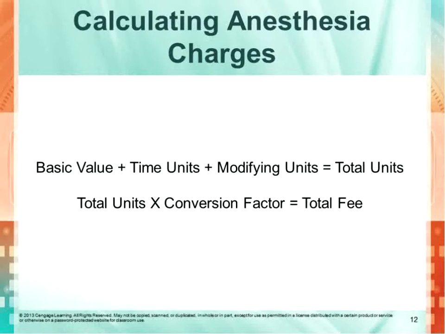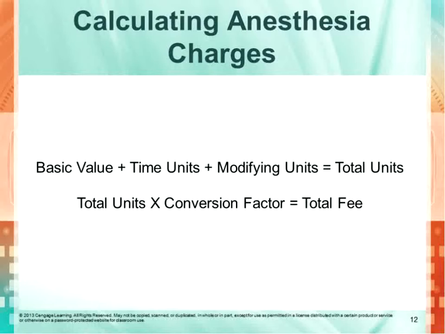So, looking back at that formula, what you have to do is take the basic value and look it up in the table that's published by the ASA. It's going to have a unit assigned to it, a value, just like we saw in your table 4.1, table 4.2. You're going to plug that in. Then you get your time units depending on what that is.